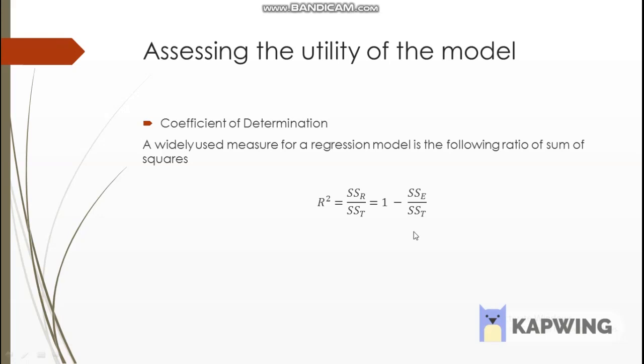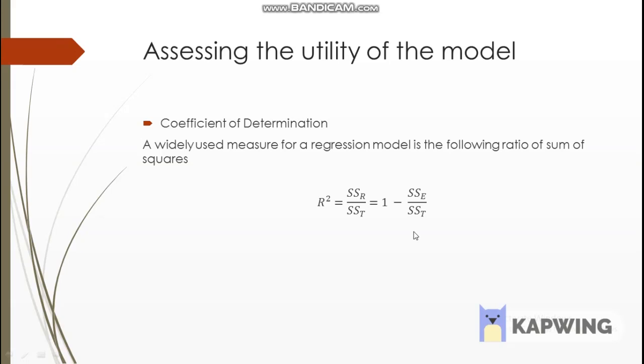The statistic of r to the power of 2 should be used with caution, because it is always possible to make r to the power of 2 unity by simply adding enough terms to the model. For example, we can obtain a perfect fit to n data points with a polynomial of degree n minus 1.